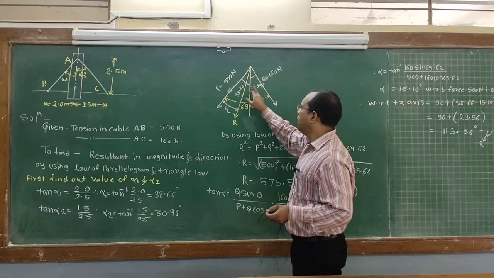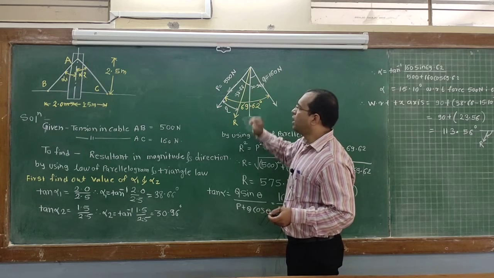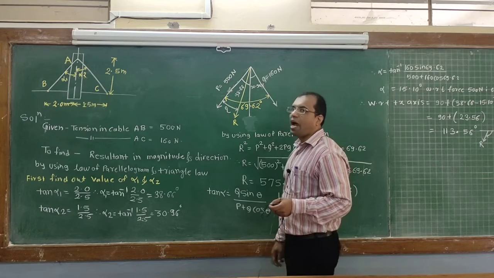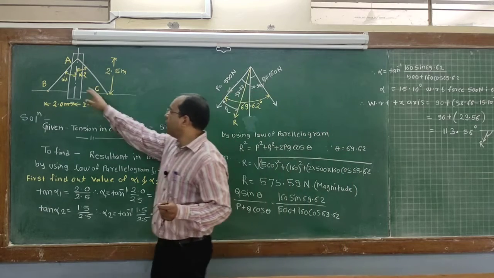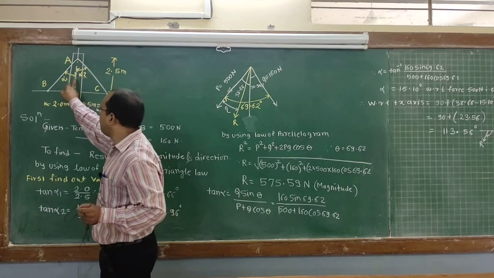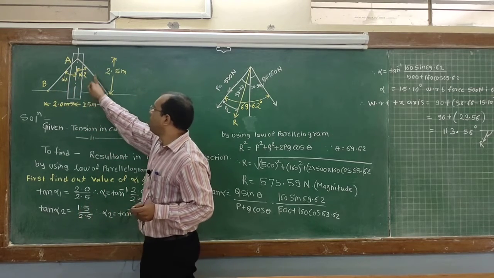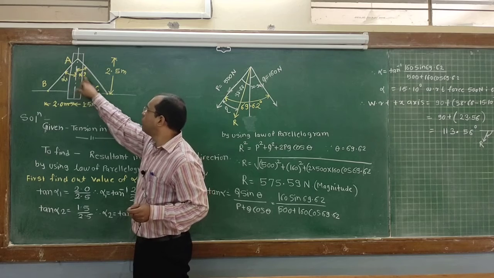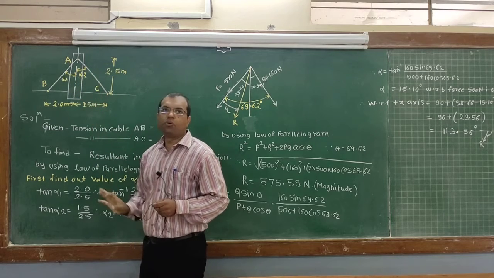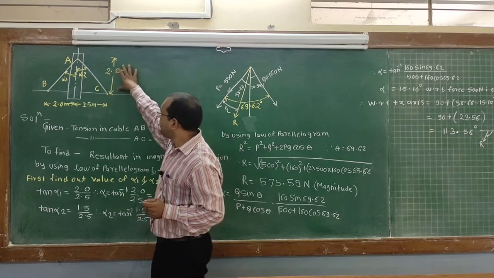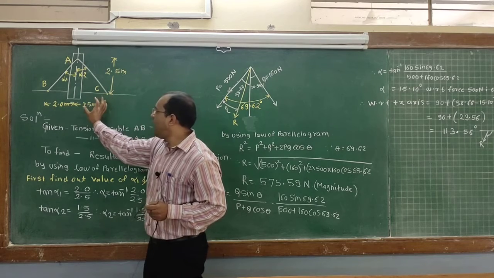Our first aim is to find the angle between the vertical and the cable. So how to find it? Let's say the angle made by cable AB with respect to the vertical is alpha 1, and the angle made by cable AC with respect to the vertical is alpha 2. In this triangle, the height is known as well as the front side.